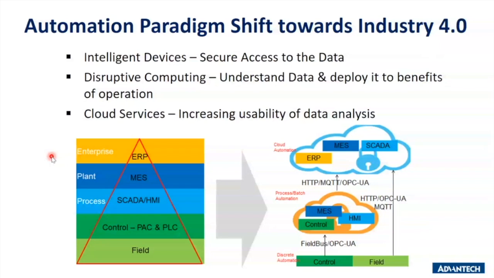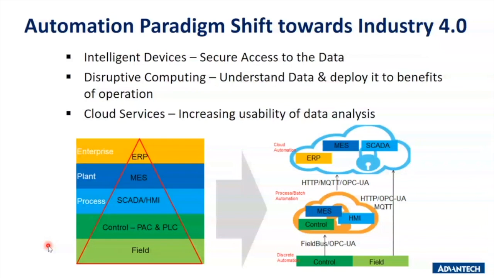At the plant, we have the MES system to help the production. And definitely there is some process software involvement, something like SCADA or HMI systems. At the edge side, there are so many control systems. It could be PLC based, it could be PC based controller. And there are so many field devices that come with sensors, I/O, etc.